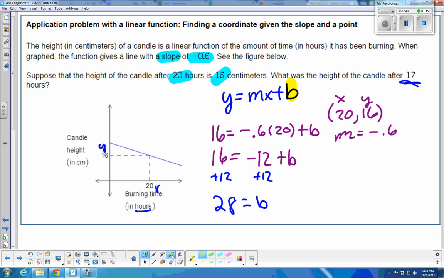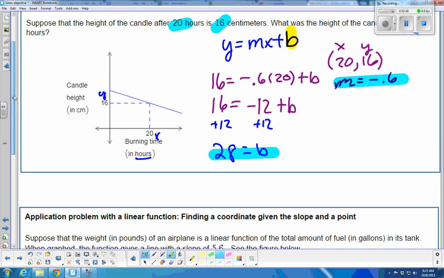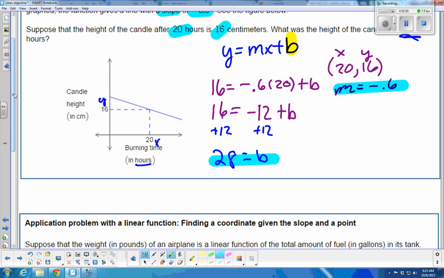Let's see what we have. I'll highlight in blue what we have. We have the b value, which is great, and we have the slope. And remember, if you're writing a linear equation, that's all you need, the b and the slope. So let's put that in the equation here. We'll do it in red, I guess. So y equals your slope, which is negative 0.6x, plus your b value, so plus 28. Okay, so that's my equation.